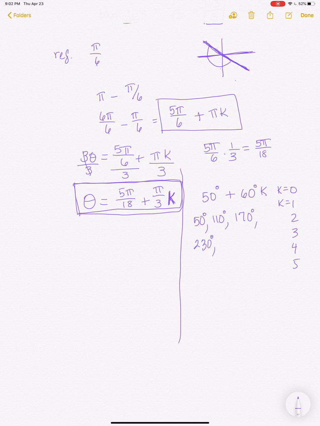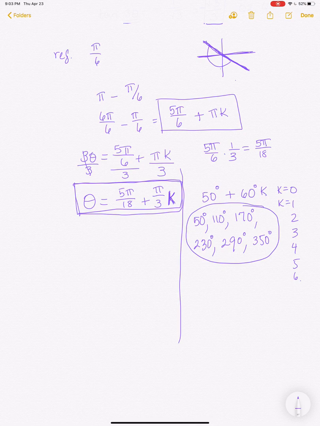If I plug in 4 for k, I get 240 plus 50, which is 290 degrees. If I plug in 5 for k, I get 300 plus 50, which is 350 degrees. And then notice that if I plugged in 6 for k, I would get 360 plus 50. Well, that wasn't my condition. My conditions were between 0 and 360. So I only have 6 solutions between 0 and 360.